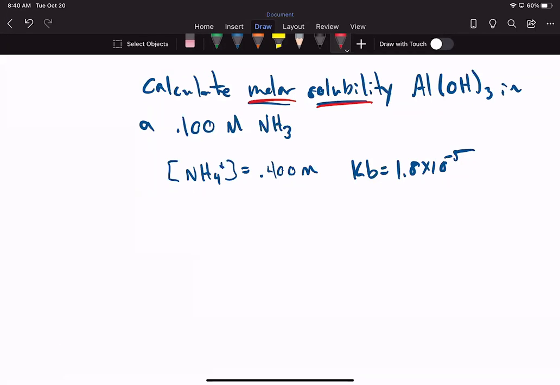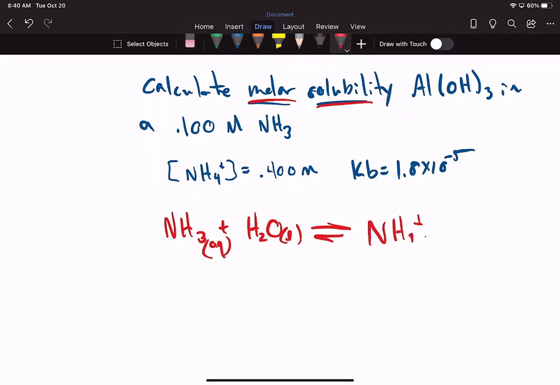All right. So let's take a look at our base. We recognize NH3 as our base, and we simply put it in some water, and we're going to get NH4 plus aqueous, plus we're going to get some hydroxide.